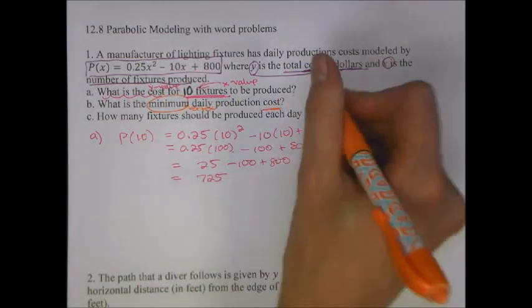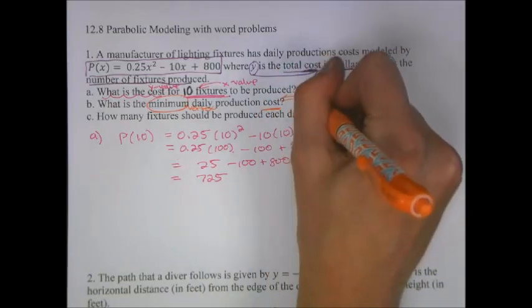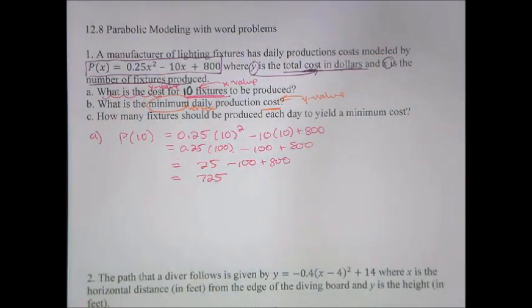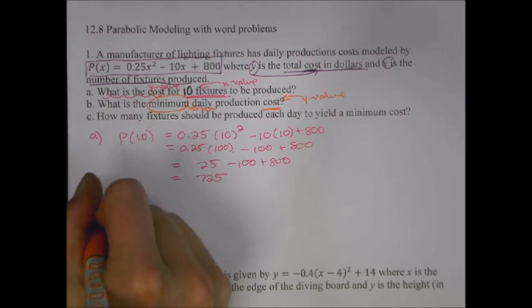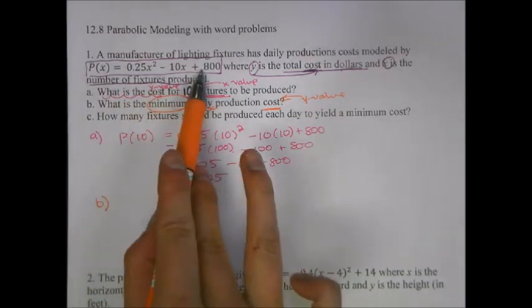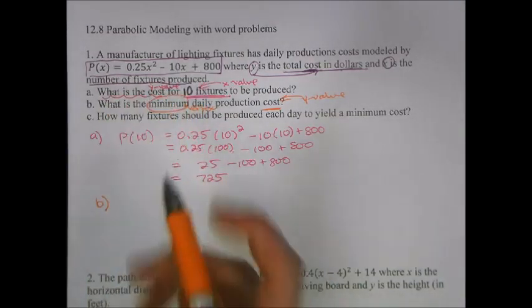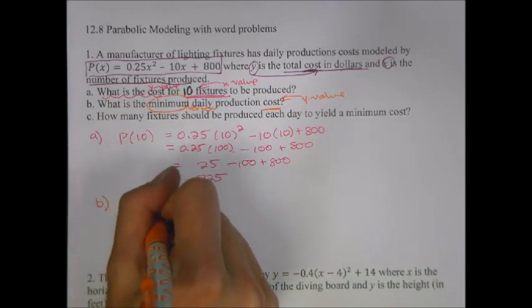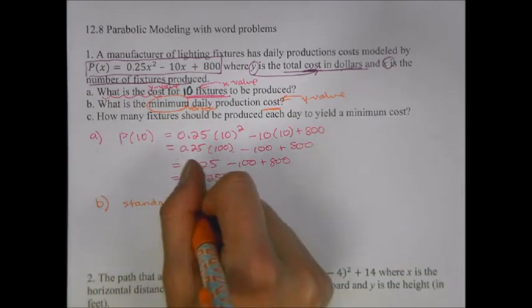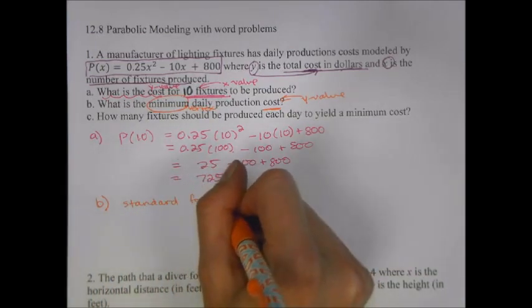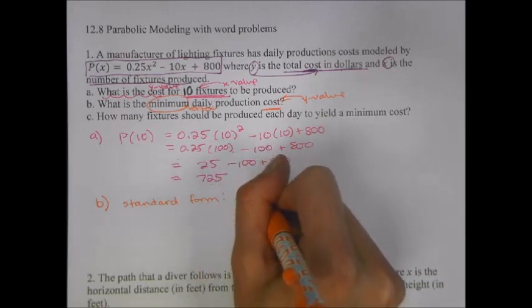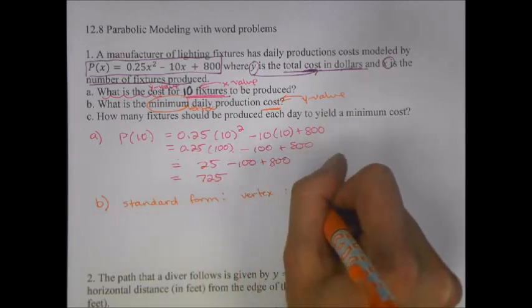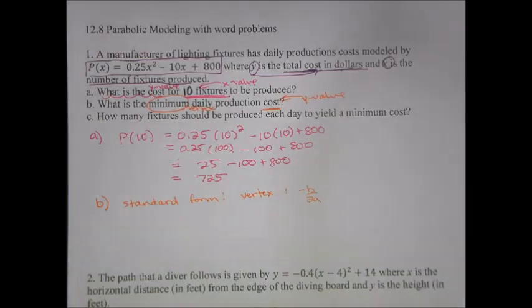And the word cost tells me that my answer is a y value. I look at my model. I'm in standard form. So to find the vertex, we're going to use negative b over 2a.